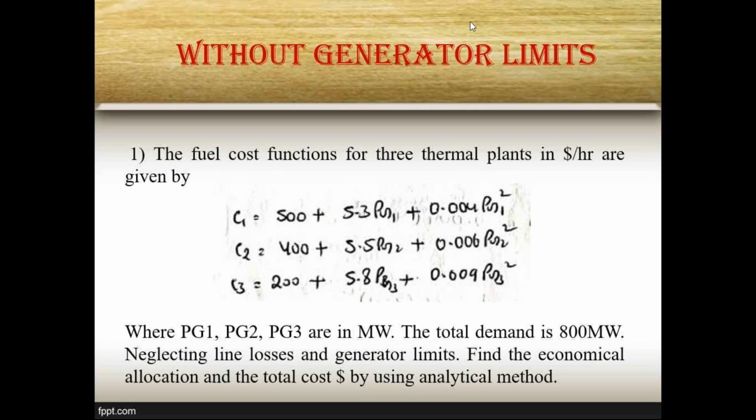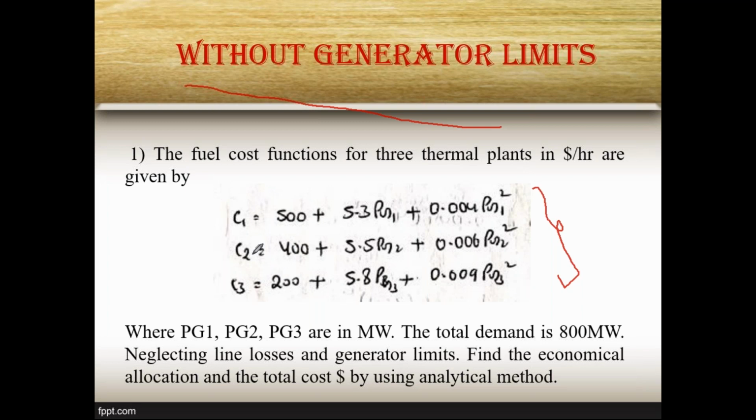See here, this is the first case in the second method, that is neglecting losses, without generator limits. And here are the fuel cost functions for the three plants. They have given three cost equations, so it means there are three plants: plant 1, plant 2, plant 3.